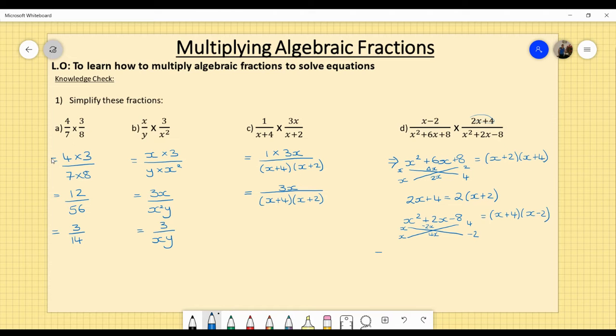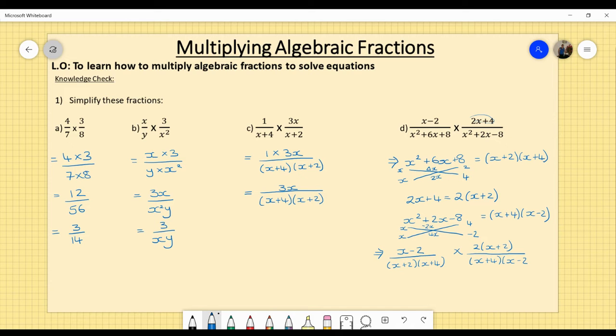So actually, we go back to our question, rewrite it in its factorized form. I have x minus 2 over x plus 2, x plus 4, times by 2 bracket x plus 2 over x plus 4, x minus 2.